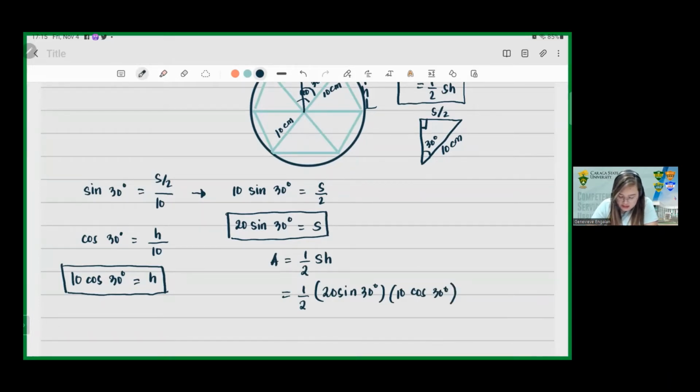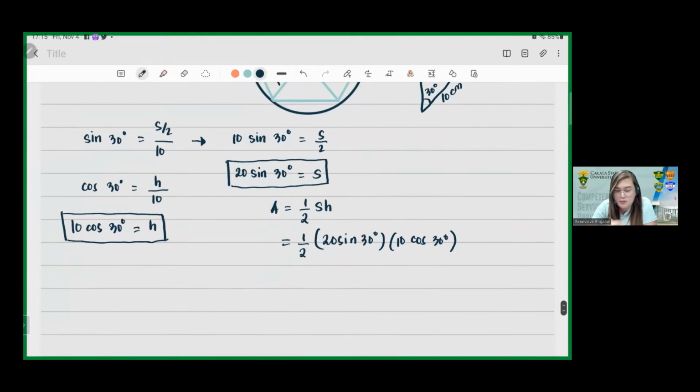So S is 20 sine of 30, and H is 10 cosine 30. Are you still following?